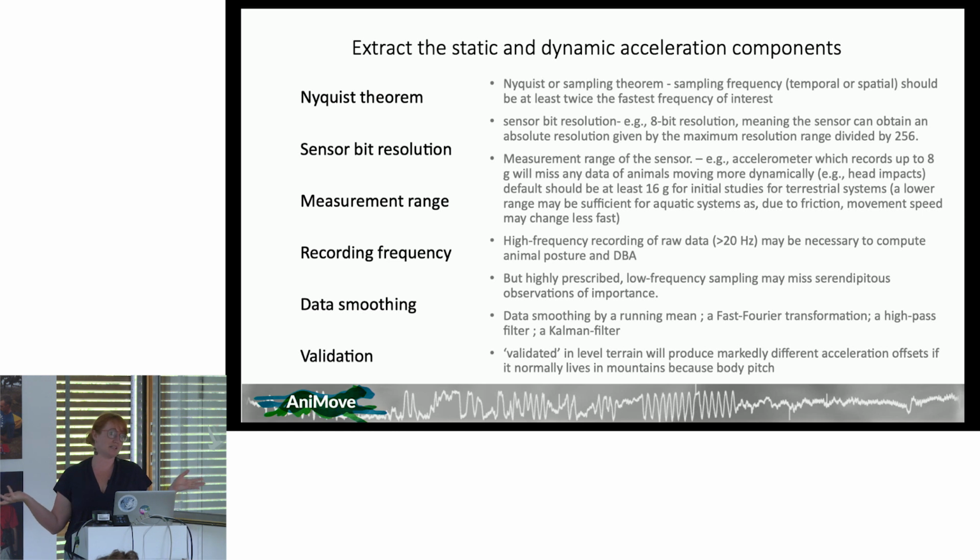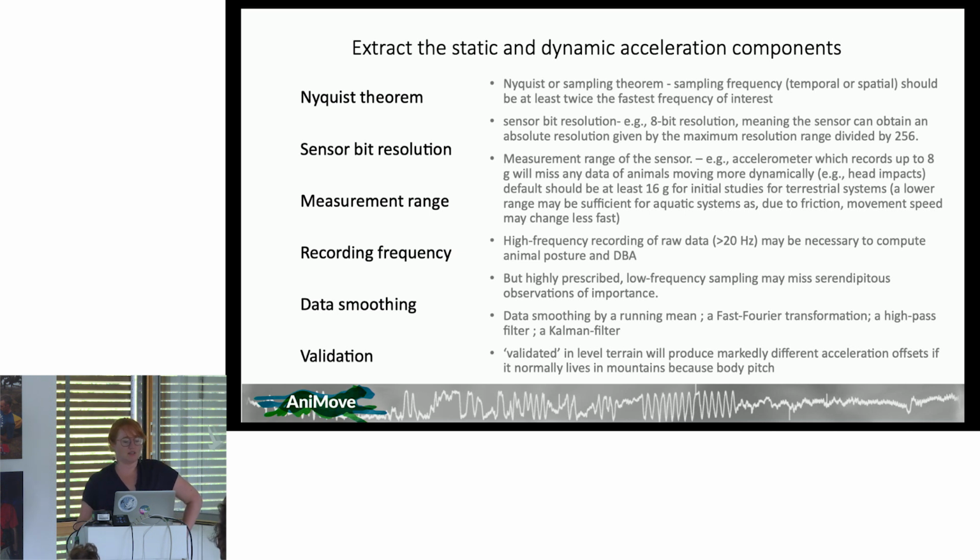So my flapping rate is 2 flaps per second. Well, they say at least twice, but I like 4 because then you get a nice peak. But the absolute minimum you need is twice that in terms of frequency. Otherwise, you will not capture that behavior. And also your dynamic VeDBA, or whatever measure you use for the dynamic acceleration, also won't actually be comparable. You will miss these big peaks.